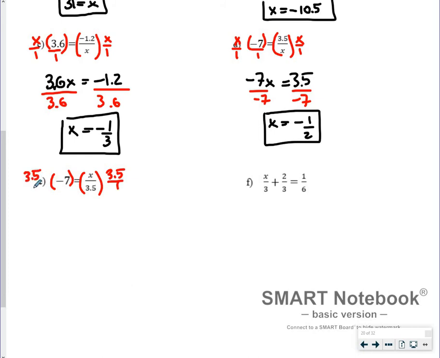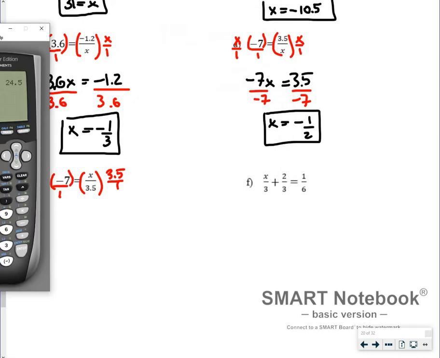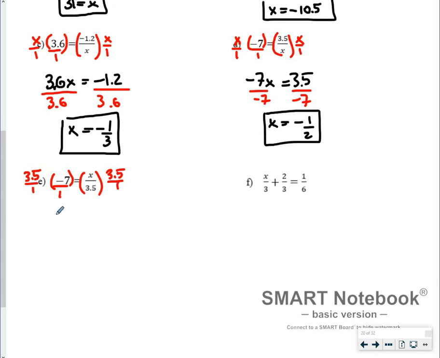So we do that to both sides, 3.5 over 1, multiplying both sides. 7 times 3.5 is 24.5. So we get -24.5 equals x. So 3.5 divided by itself on the right is 1. We're left with x. And a positive times a negative is a negative, so hence the negative in the 24.5.